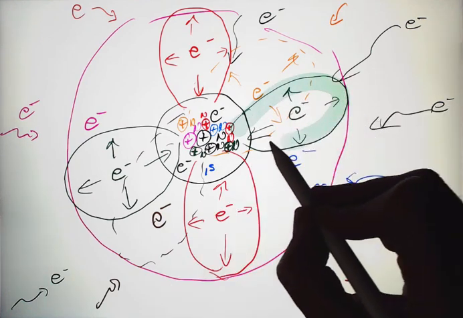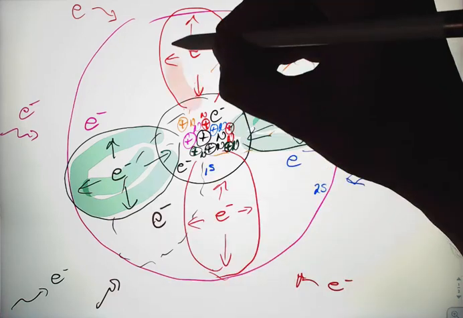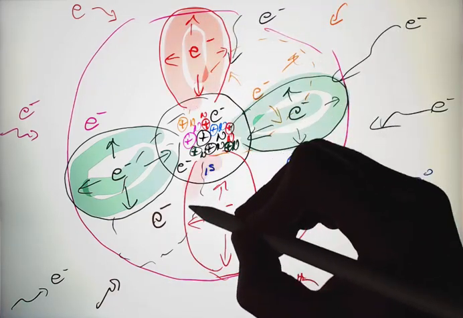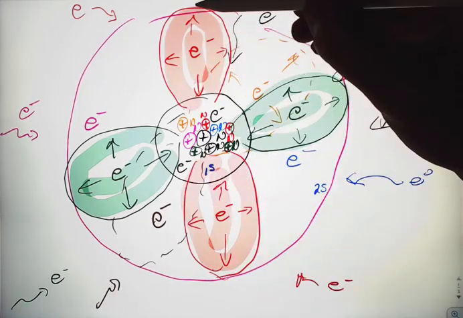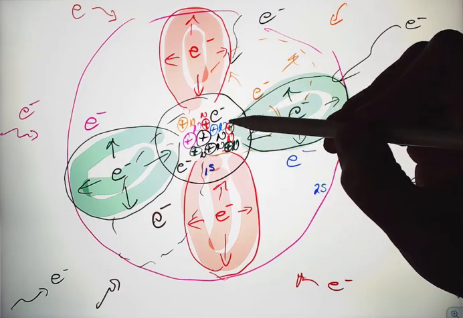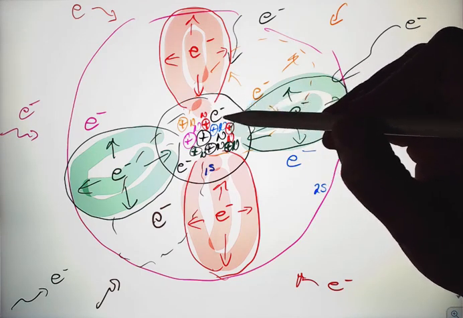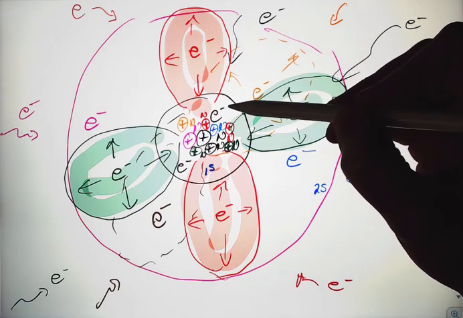So now I want to talk about the shape of these orbitals. These shapes are defined by where the electron spends most of its time. And they take this shape because the electrons are attracted to the middle but repelled by the electrons that are already there. They can get close some of the time when these electrons happen to be further away.